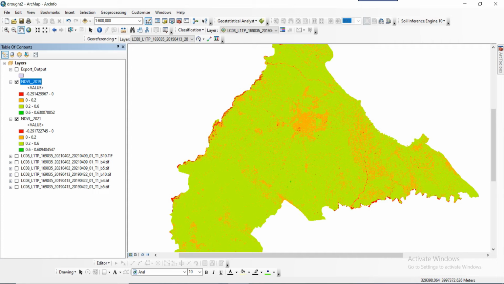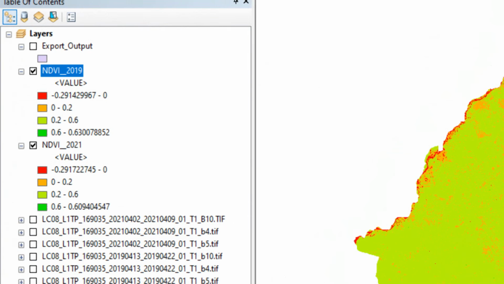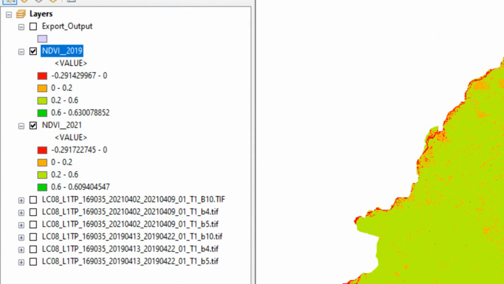So we have 2019 and 2021, each of them divided by these classes according to the table attached in the file that we have.